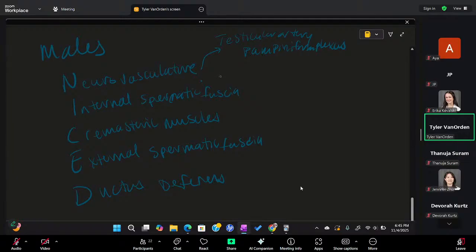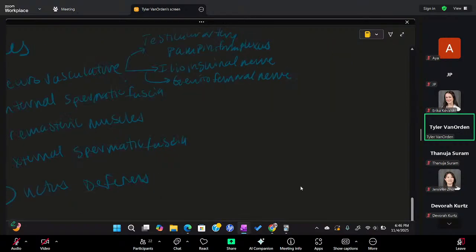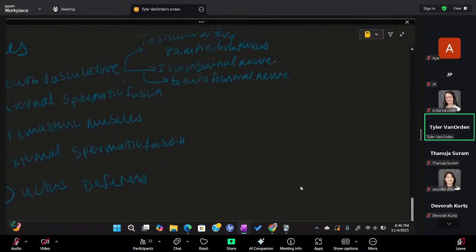And then there are two nerves: the ilioinguinal and the genitofemoral nerve. The ilioinguinal is doing sensation to the scrotum and the root of the penis.